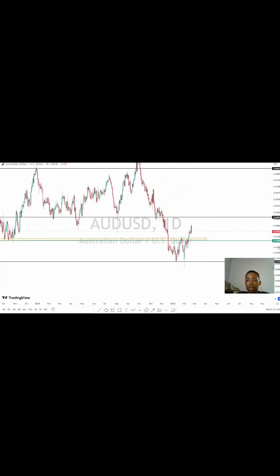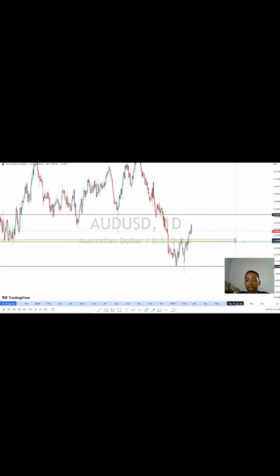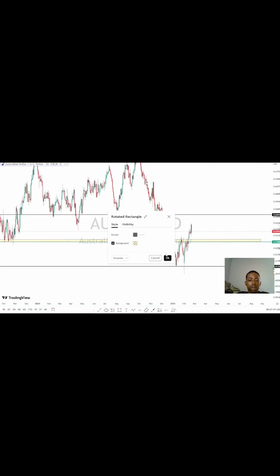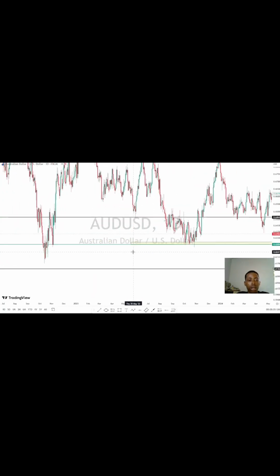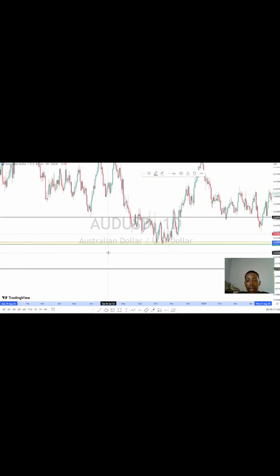I would like to plot it very well. Let me zoom out clearly, because I like to zoom out in my market. I like to see every angle of the market. I like to see what the market is doing. I like to see it clearly.